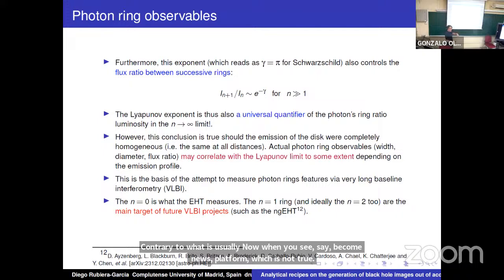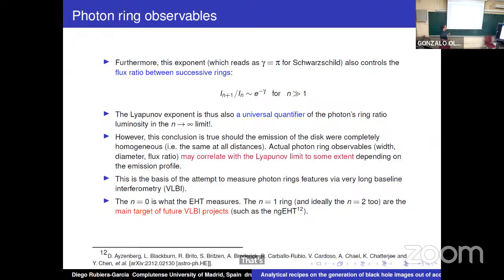The photon ring is somewhere over there, hidden in the emission, because it's very difficult to observe. Actually, it does not need to be separated from the direct emission. It can be inside the direct emission as an extra boost of luminosity. I recall a Lyapunov index, exponential of pi, about 23 times the luminosity. Very difficult to observe. So the n equal to 0 ring is what the Event Horizon Telescope measures. It does not measure the photon ring, which is a shame because that's where the interesting things are.